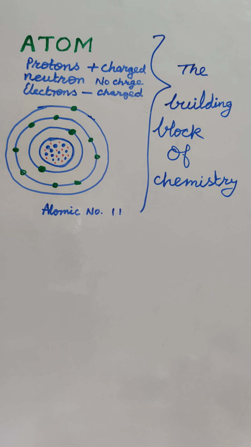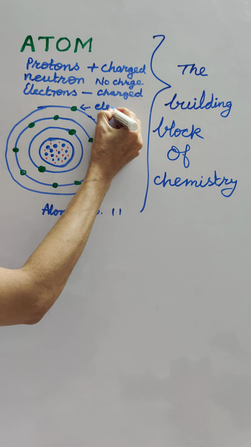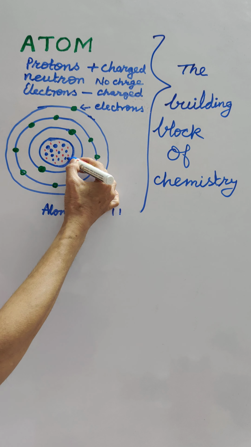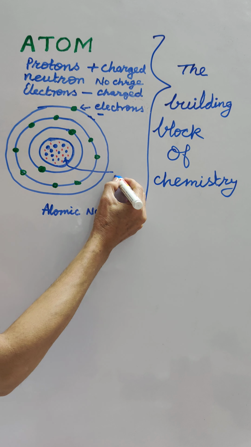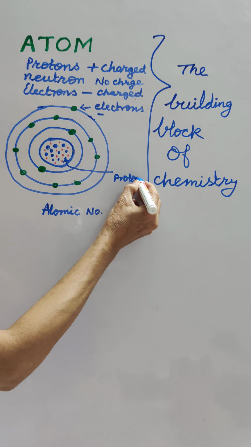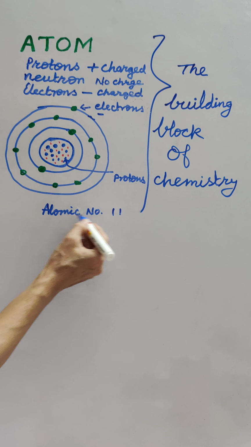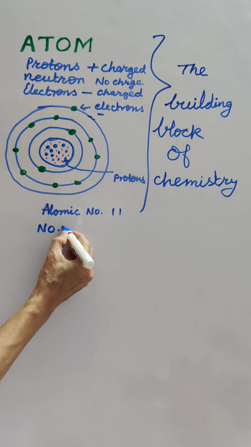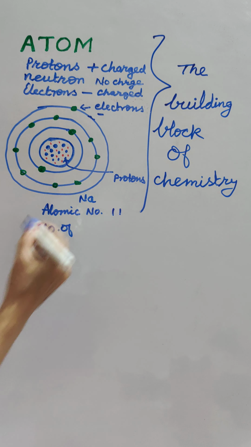These are electrons, and inside are protons, which are positively charged. Number of protons is equal to number of electrons, and that is the atomic number.